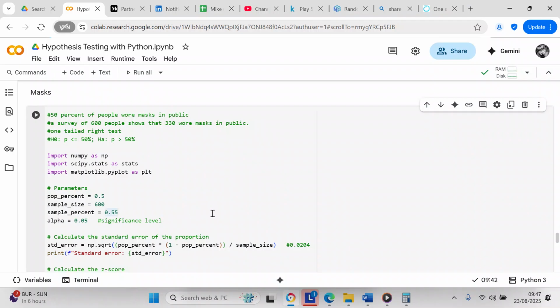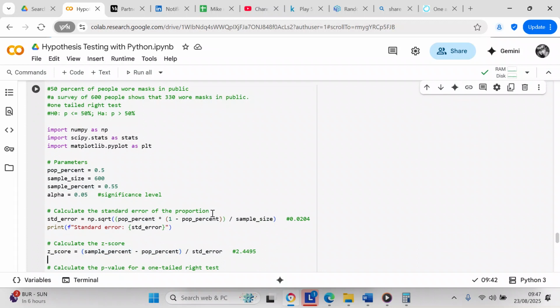Okay, so we're going to calculate the standard error. Standard error equals np.sqrt of population percent times 1 minus population percent, divided by sample size, and then you square root it. And that is going to be 0.0204 because I calculated it already.